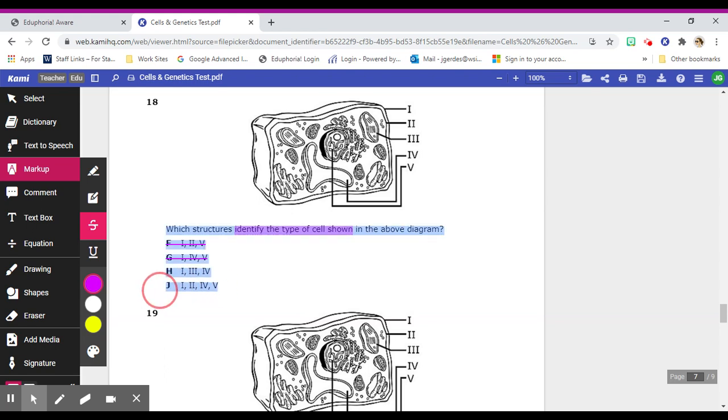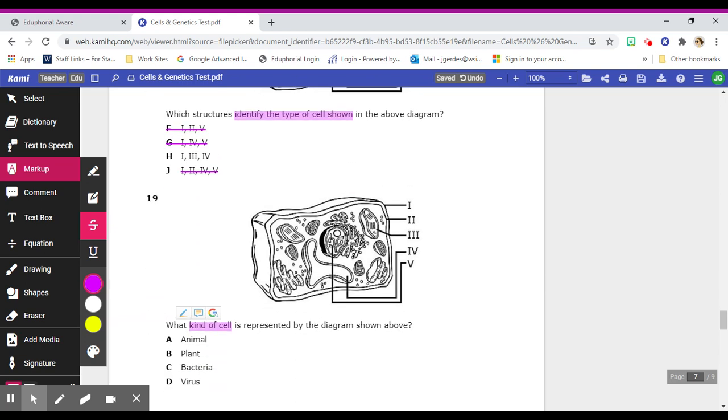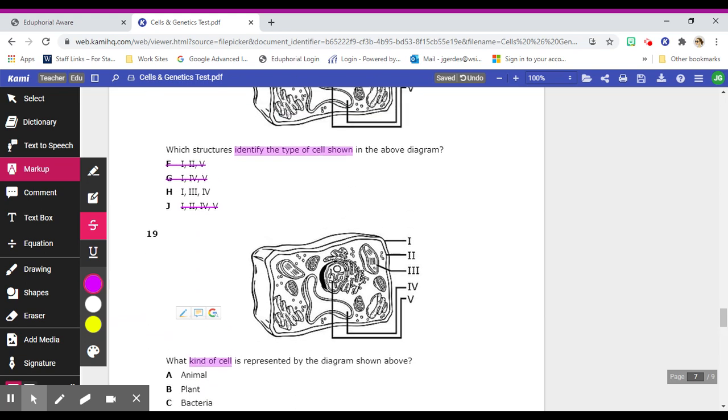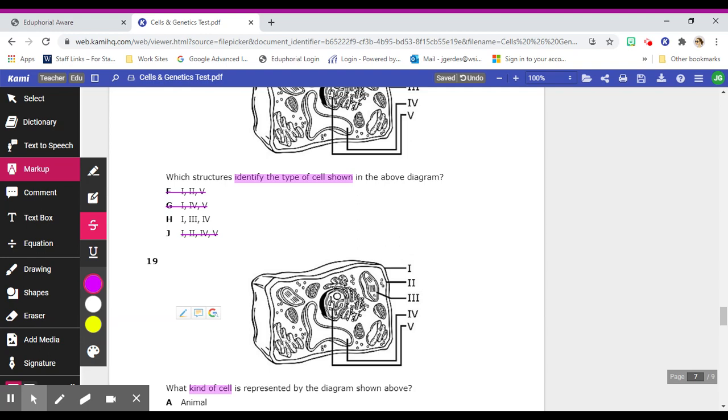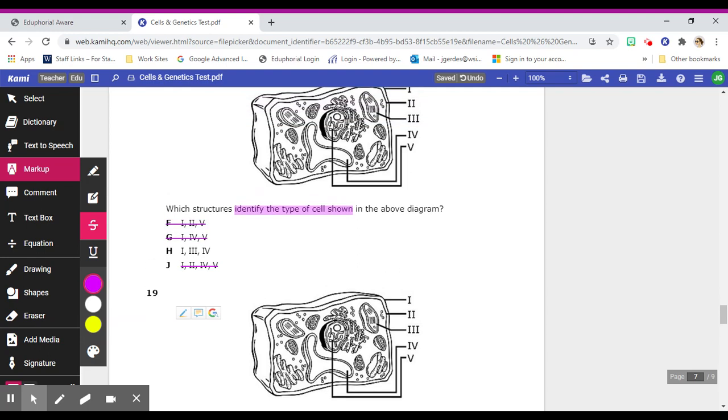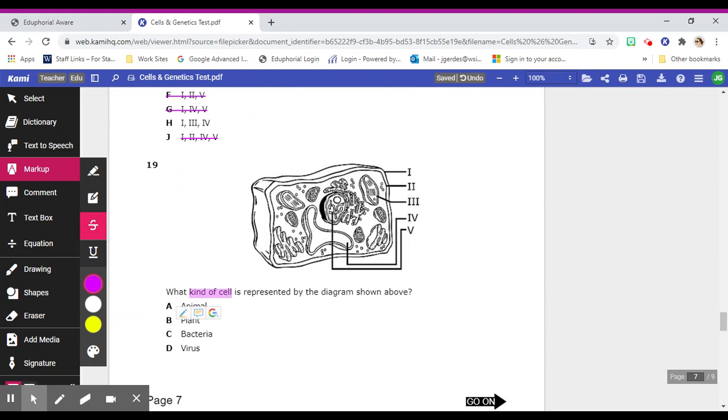So I know I can cross that one out with confidence. So my answer is H. 18 is H. It is the cell wall, the vacuole, and the chloroplast that makes it different.